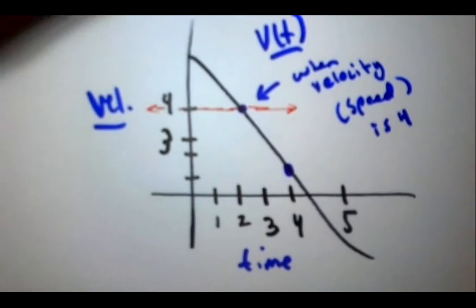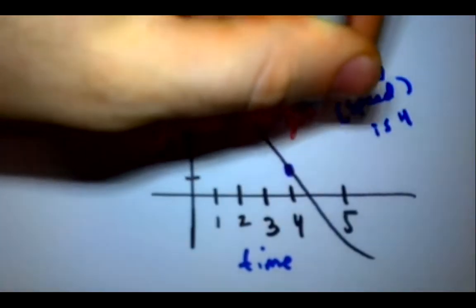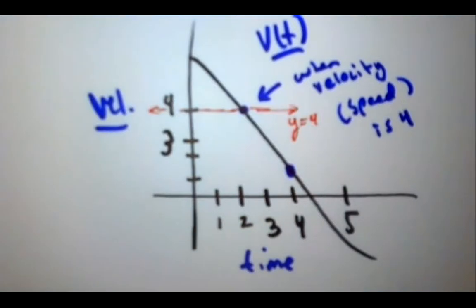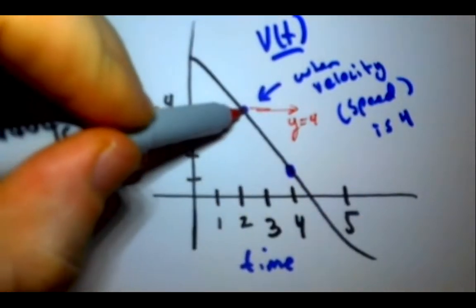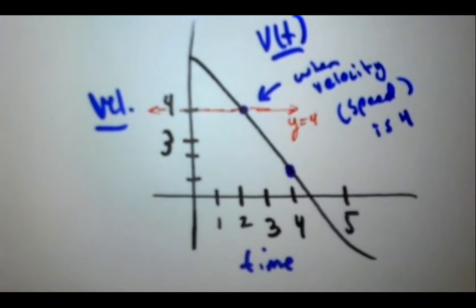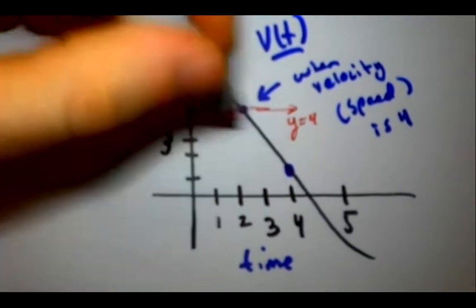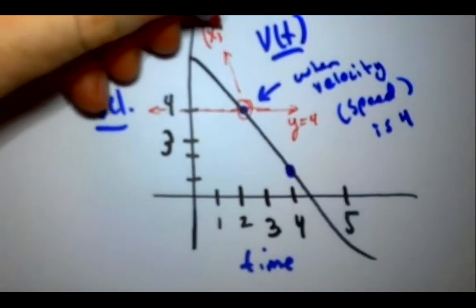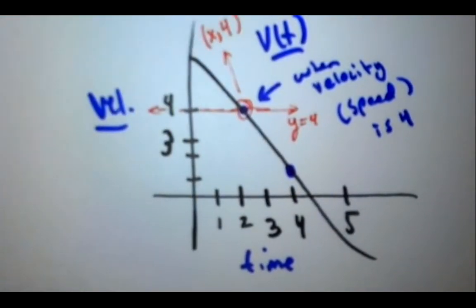So if we graph y equals 4 and I find the intersection, then the x value of that intersection is the time when the velocity is 4, because obviously the y value of this intersection is 4. It's some x value, comma, 4. We're asking when the velocity is going to be 4. So that's what we were getting at up here.